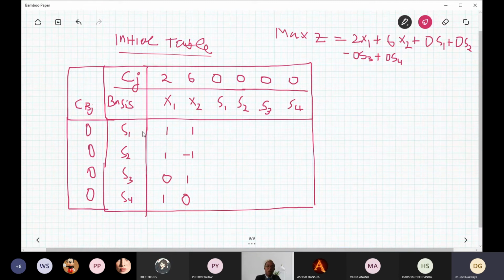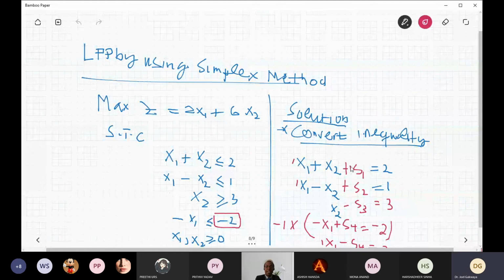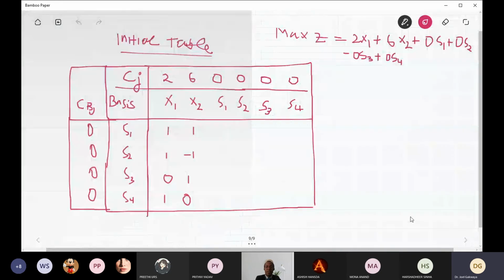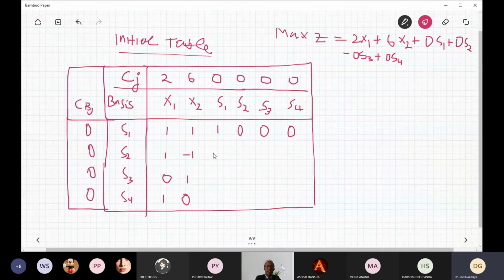in the first constraint, do we have S1? Look here, look where you have written. Yes, we have S1, which is equal to 1. The rest are zeros. We don't have S2, S3, or S4. For the second, we have S2: 1, 0, 0.